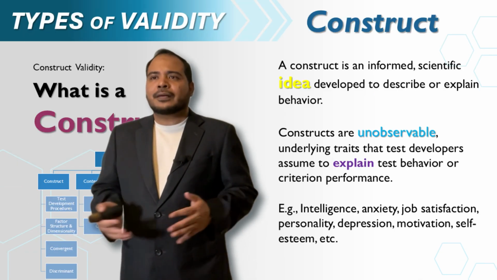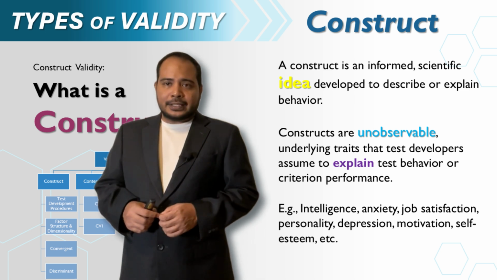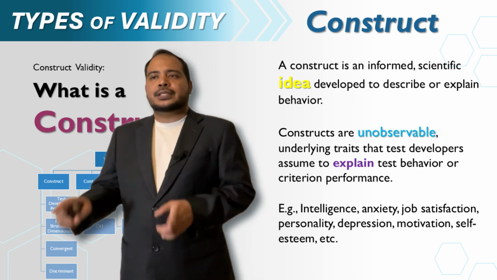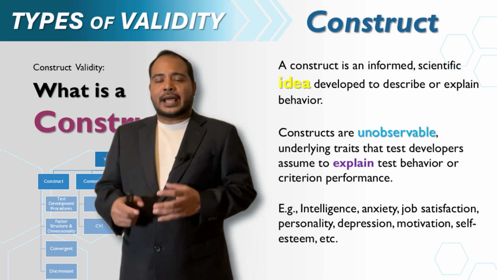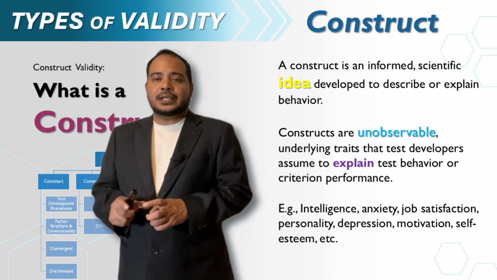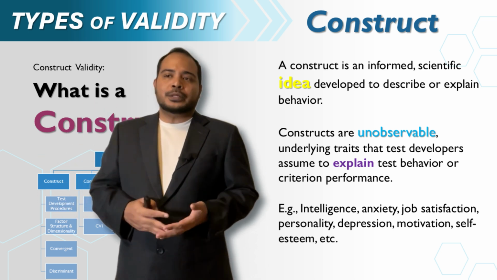So what is a construct? A construct is an informed scientific idea developed to describe or explain behavior. In other words, a construct is an abstract concept that we develop so we would be able to explain human behavior.